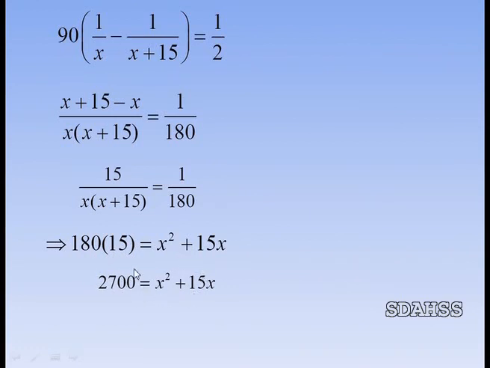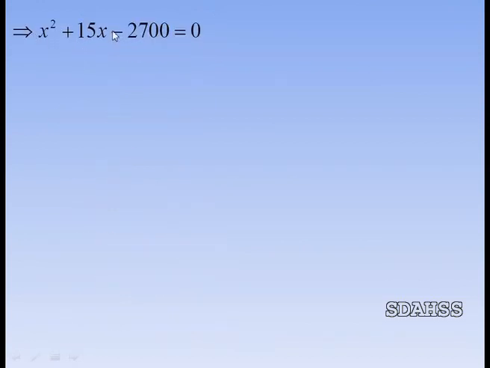You bring this 2700 to the other side. This becomes x square plus 15x minus 2700 is equal to 0. This is of the form ax square plus bx plus c equal to 0. Factorize. Here the sum is equal to 15 and the product is minus 2700.